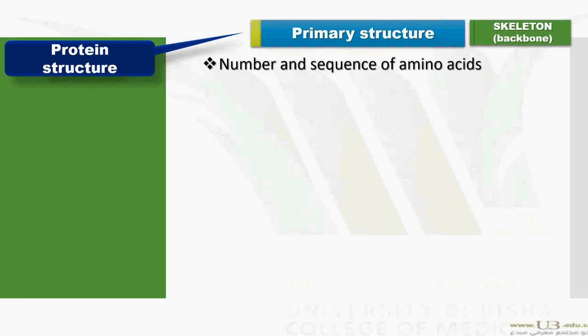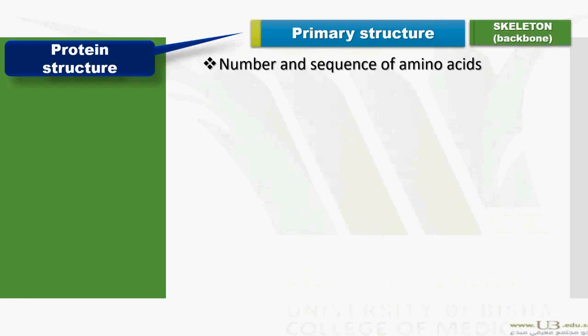So the primary structure is related to the number of amino acids, the sequence of the amino acids, and the frequency of the repetition of the amino acids. For example, you can have a polypeptide chain of 146 amino acids, like the case of sickle cell anemia.